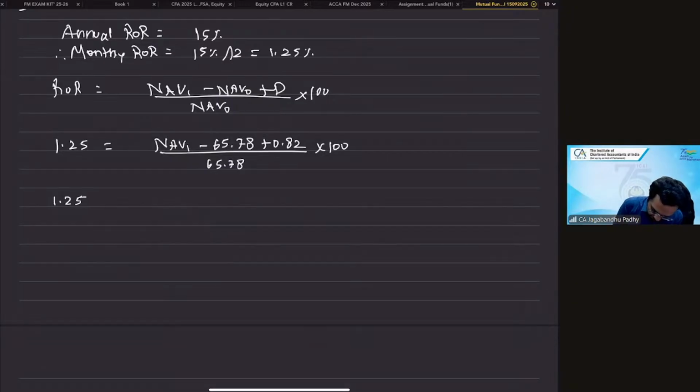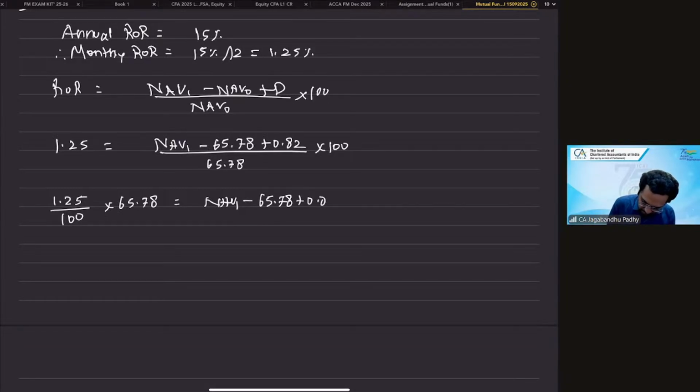1.25 divided by 100 into 65.78 is equal to NAV1 minus 65.78 plus 0.82.